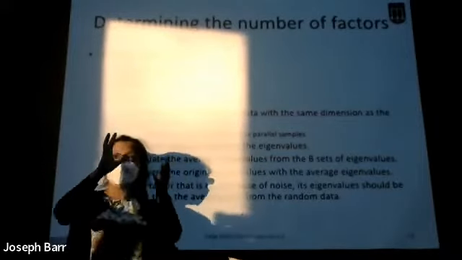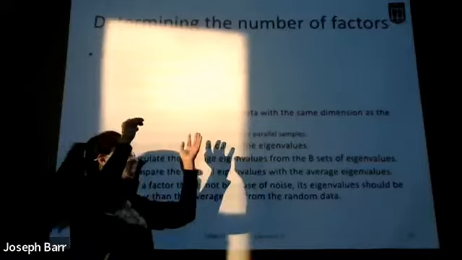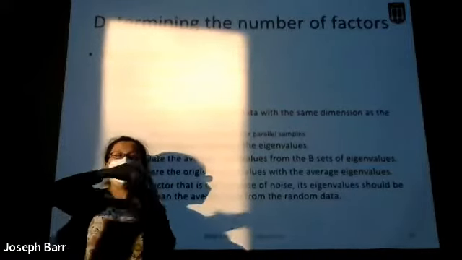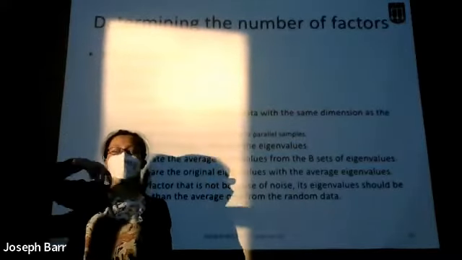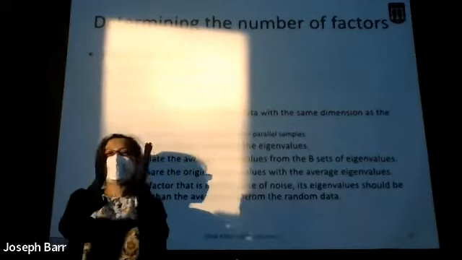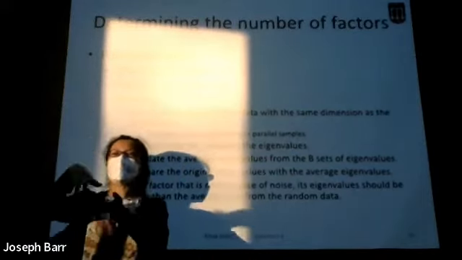For the second generated data, we have lambda 1, lambda 2, to lambda P. The third is the same. Then we have 1,000 values of lambda 1, 1,000 values of lambda 2, and 1,000 values of lambda P. We take the average: average lambda 1, average lambda 2, average lambda P. That will be treated as our noise.